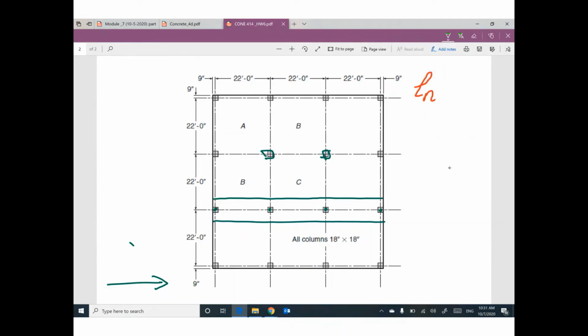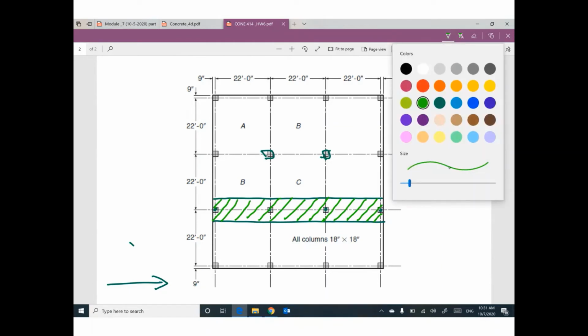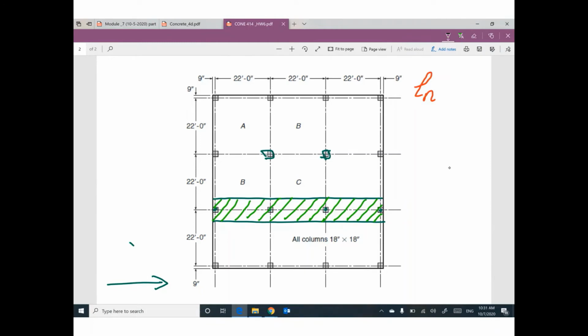This strip is supported by what? This strip looks like this, supported here by this column, and here by this column, and here, and here.